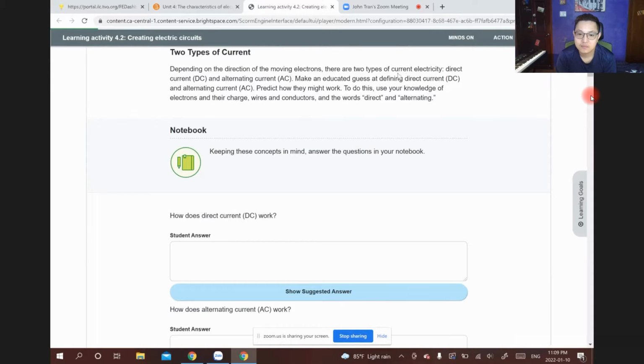Make an educated guess at defining direct current and alternating current. Predict how they might work. To do this, use your knowledge of electrons and their charge, wires, and conductors, and the words direct and alternating.